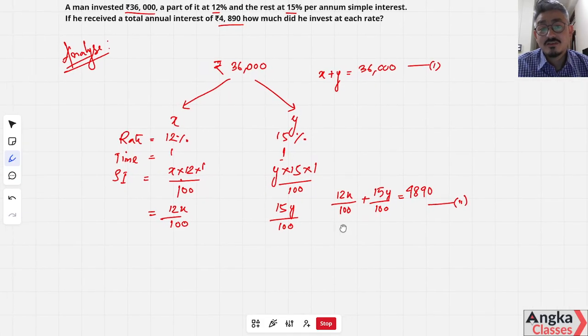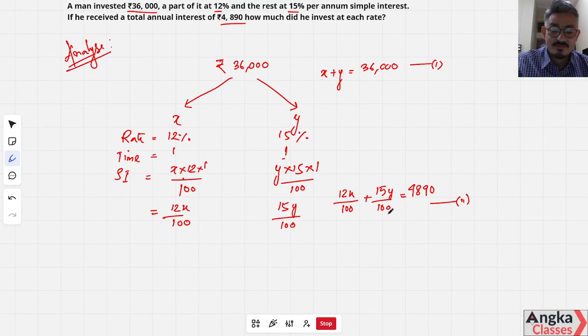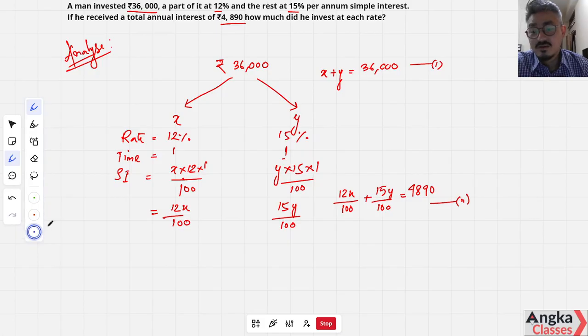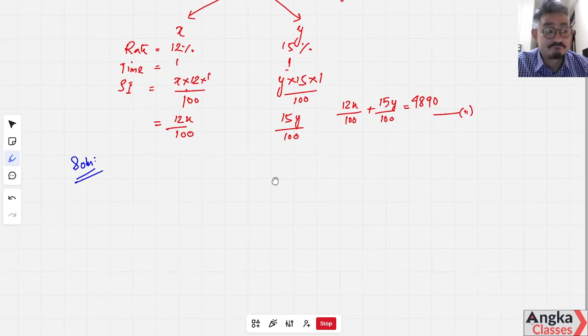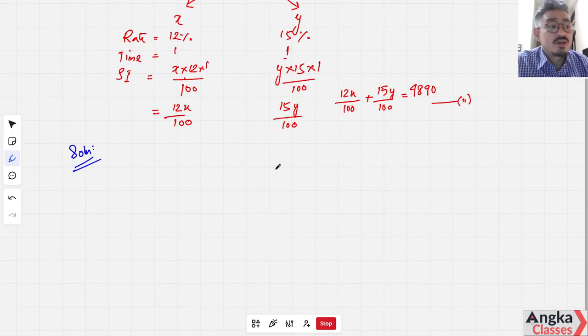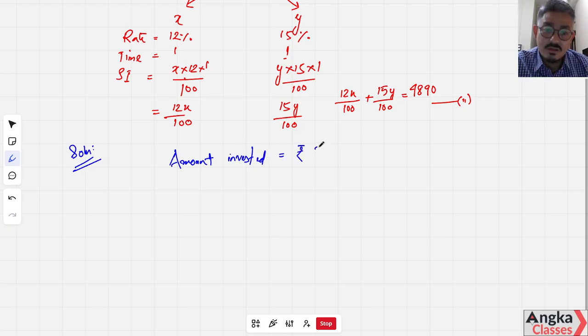Okay, so we'll solve these equations. Solution: the total amount invested is equal to rupees 36,000.